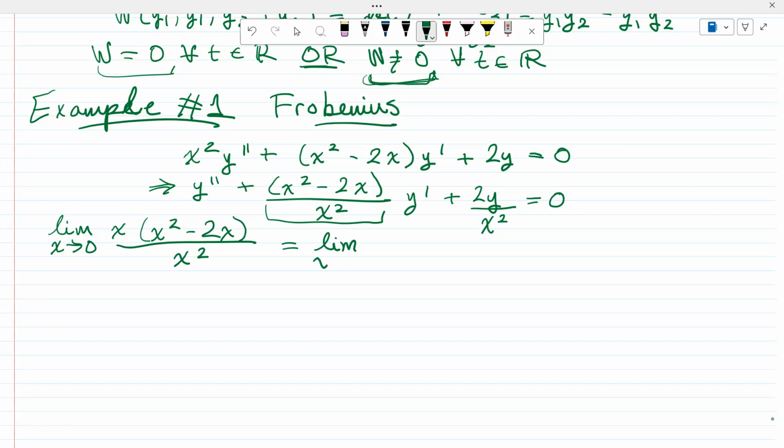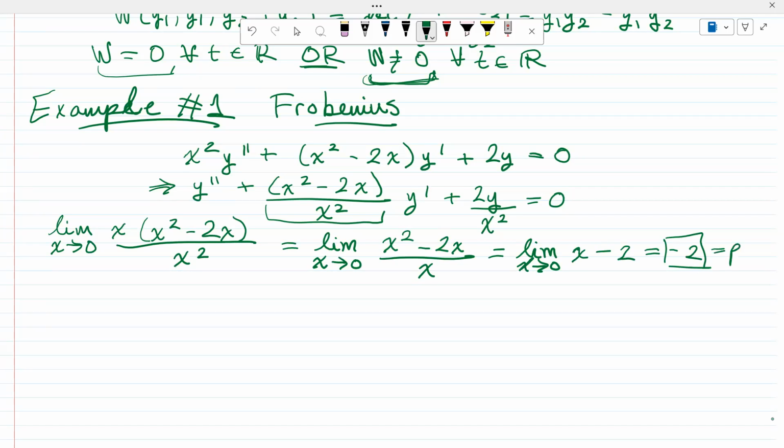This will be equal to the limit as x approaches 0 of (x squared minus 2x) over x, which is the limit of x minus 2, which will just be equal to negative 2, right?